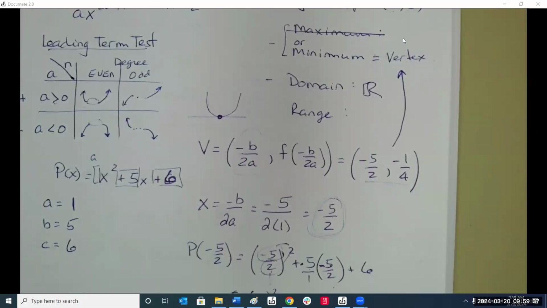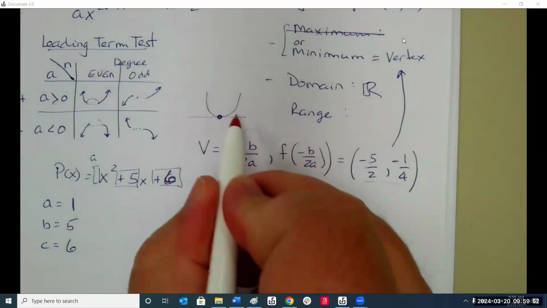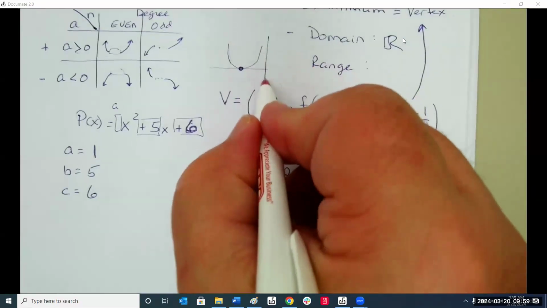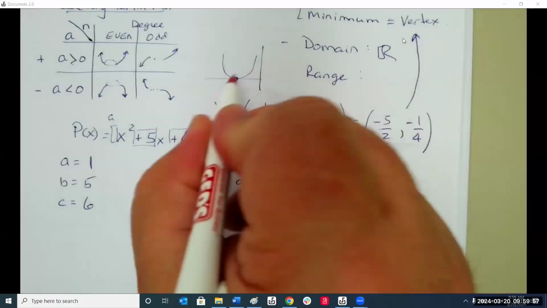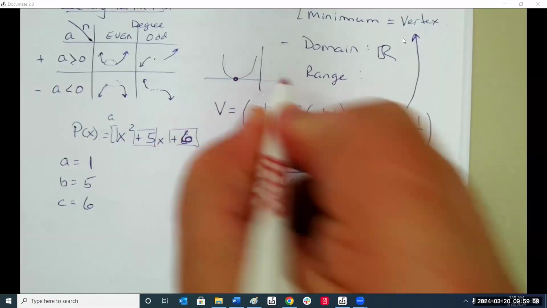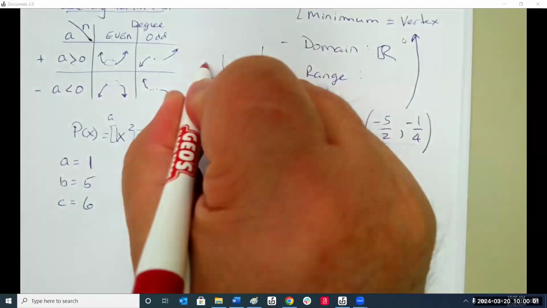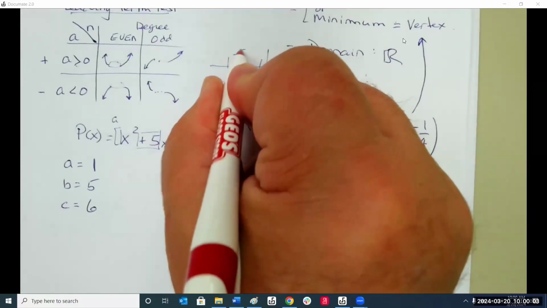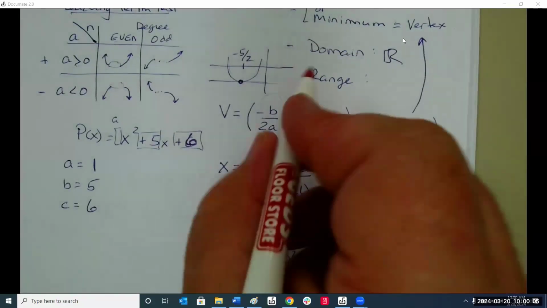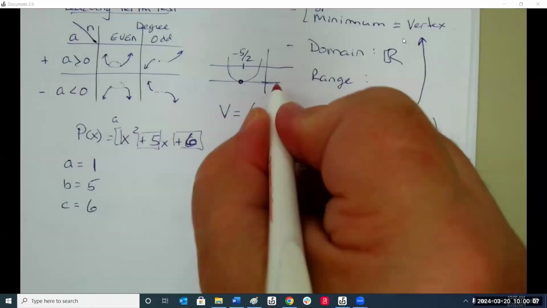What's the range going to be? Because it opens up, the lowest point we have here is at -5/2 on the x-axis, and -1/4 on the y-axis.